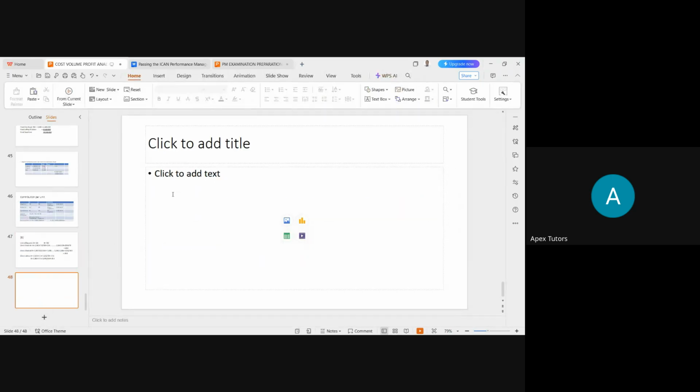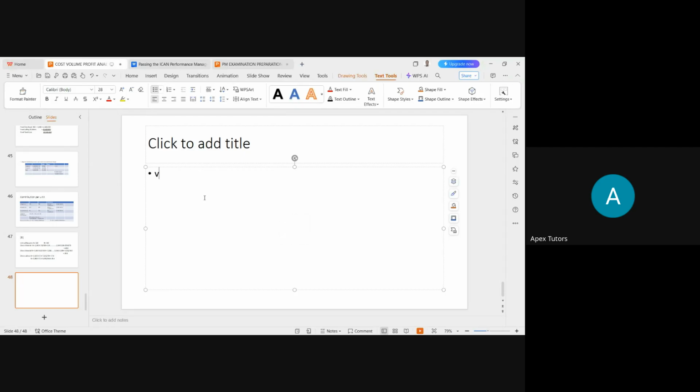For variable overhead, it will be what? For product A, what will happen here? 1,120 divided by 70 will give us 16.